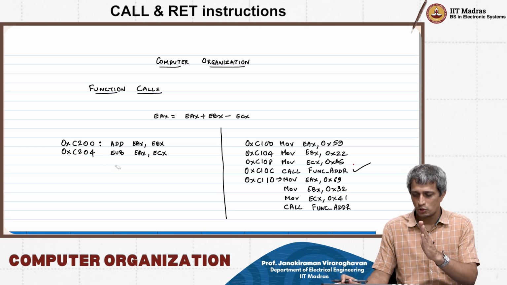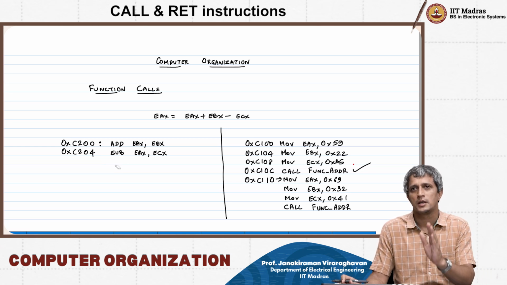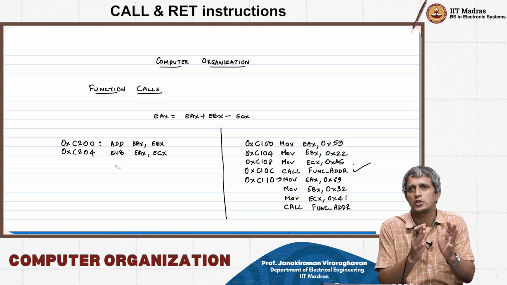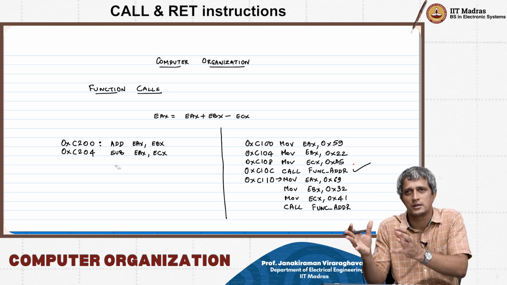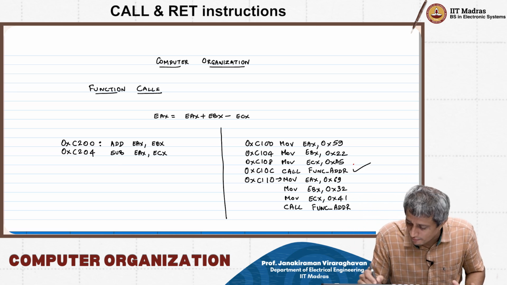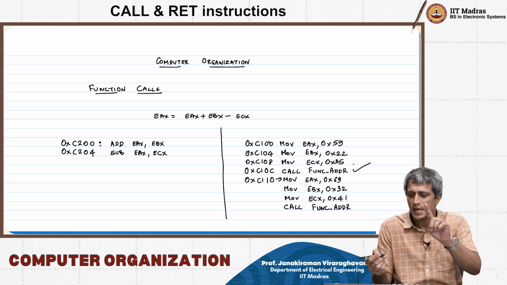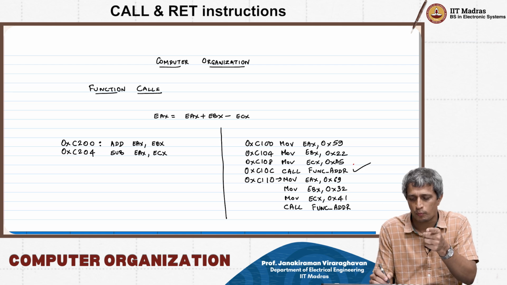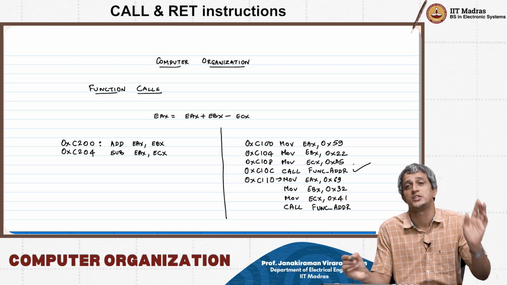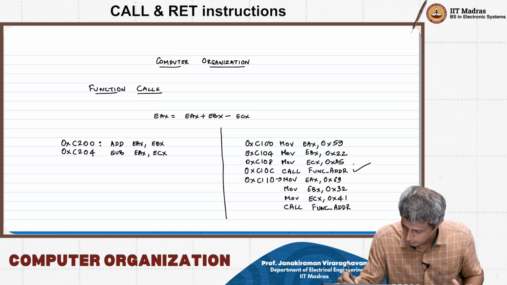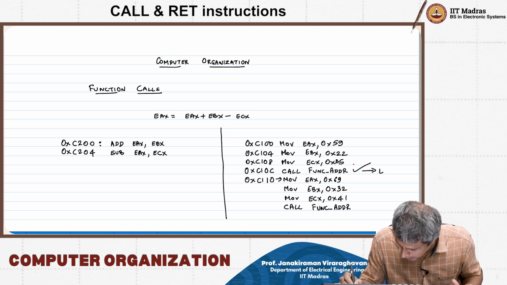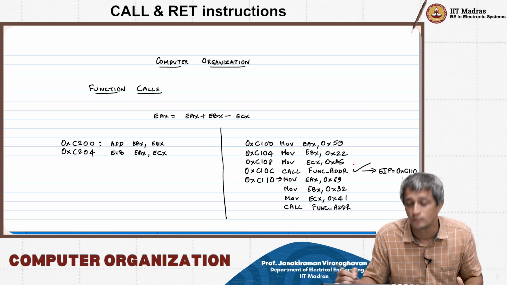So now what I can do is, technically, if I can store this address of C110, so when call funcAddr is being executed, EIP has already been incremented to point to 0xC110. Here in this instruction, the EIP instruction pointer is already 0xC110.